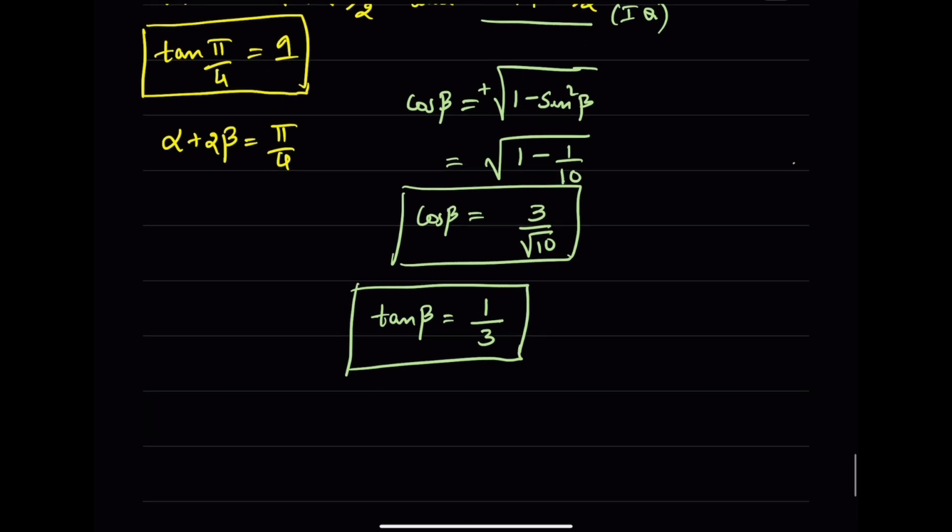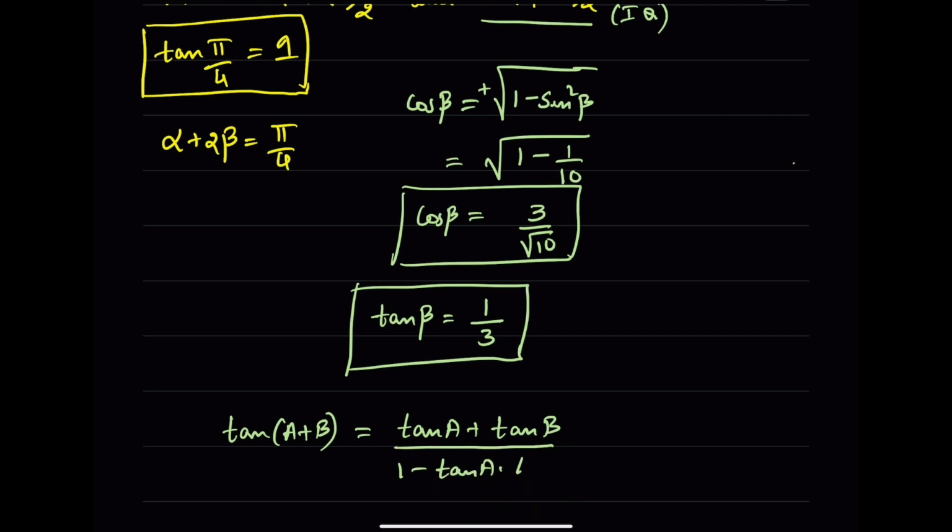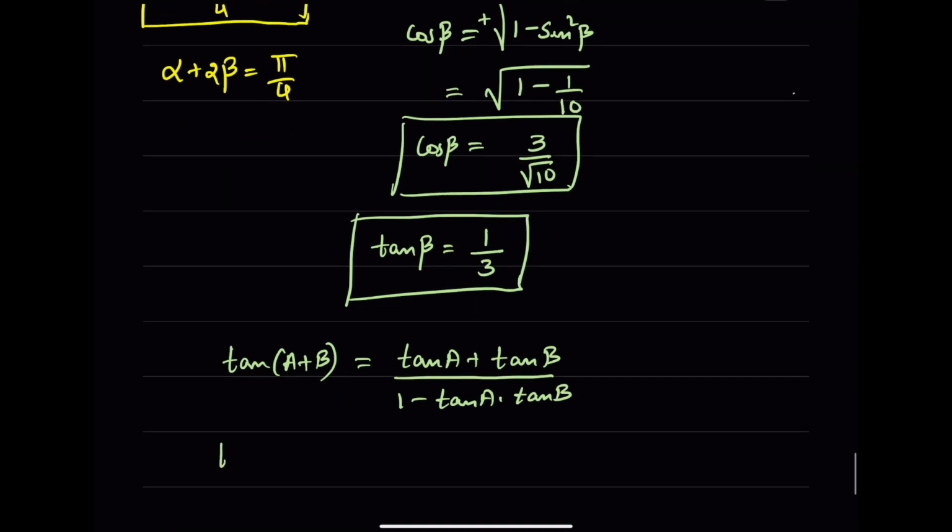So what we can do is, let's apply the formula of tan of a plus b. So tan of a plus b is tan a plus tan b divided by 1 minus tan a tan b. So in this case, we are trying to prove a plus b is nothing but alpha plus 2 beta.